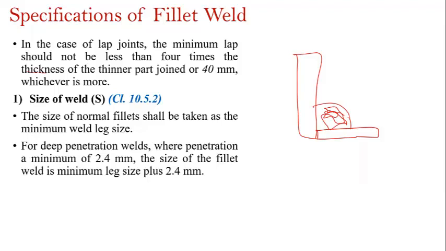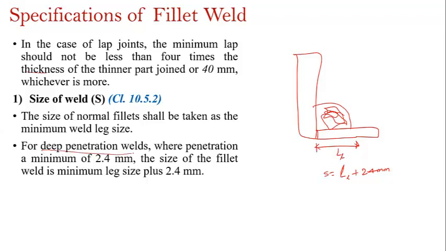For deep penetration, it should be the size of fillet weld, which is denoted with leg size, that is LL. Okay, LL plus 2.4 mm. So this should be the size of the fillet weld for deep penetration.